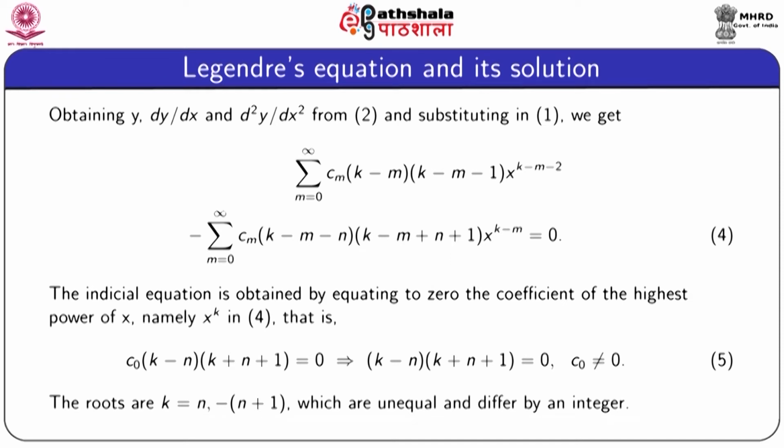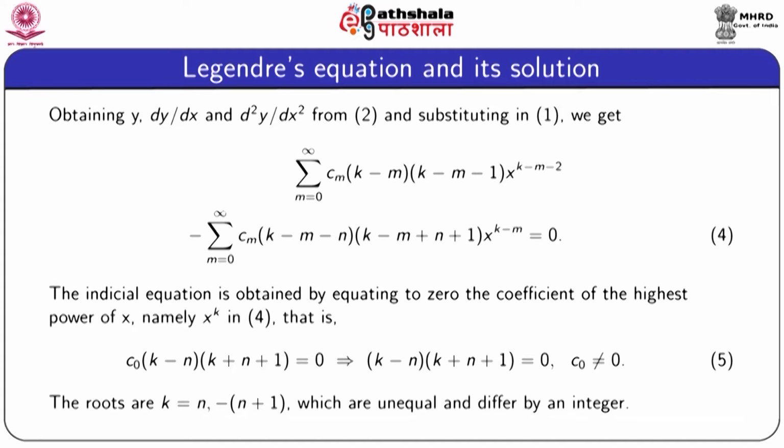What we will do now is to obtain the indicial equation from this equation number 4. By indicial equation I mean that you obtain the coefficient of the highest power of x from this equation. Now, to obtain the highest power of x from this equation, you need to put a value of m such that it gives the highest power of x.